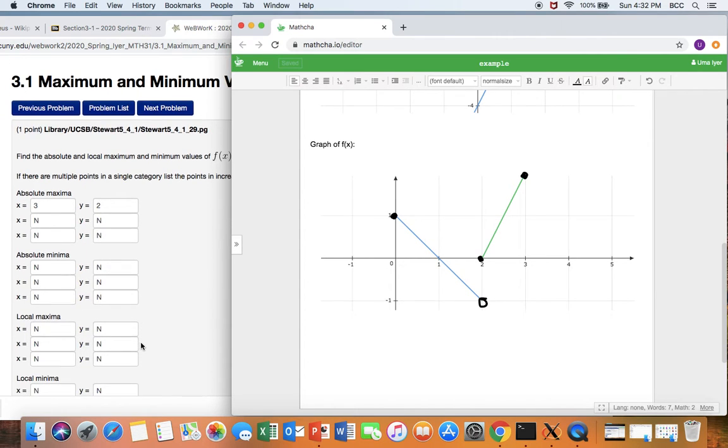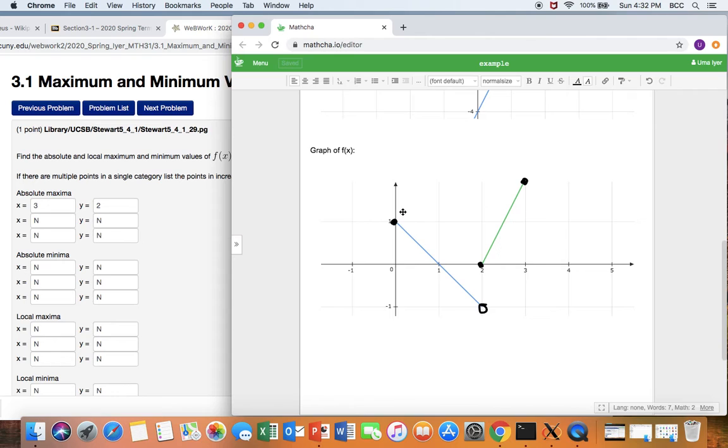All right. Now, local maximum. Local maximum is here and here. Okay. But my WebWork is unable to accept it. So in reality, n is wrong. There is a local maximum here and a local maximum here. All right.